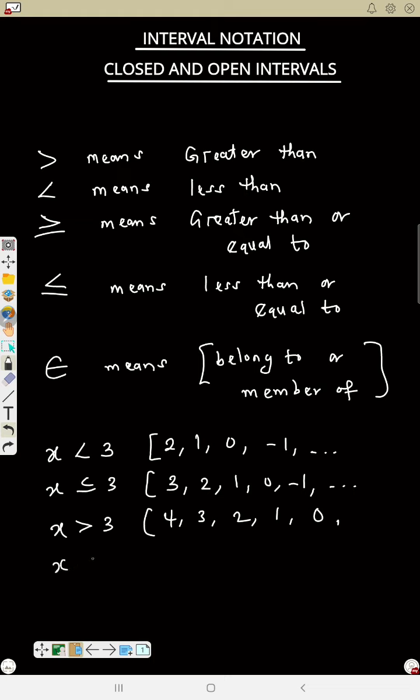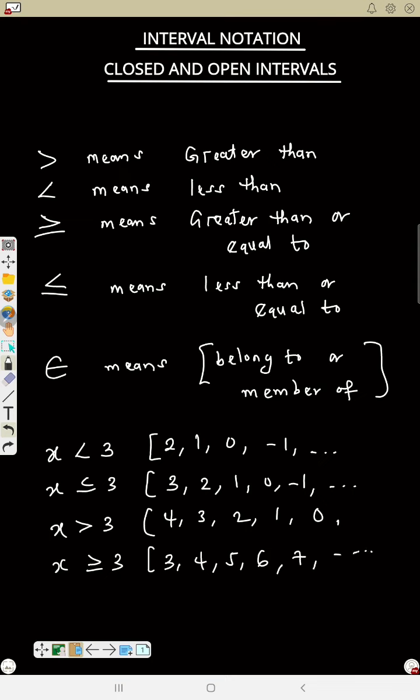Now x is greater than or equal to 3. That means x will start from 3. So anytime you have less than or equal to, or greater than or equal to, you start with that number. So that means I'll start with 3, 4, 5, 6, 7.